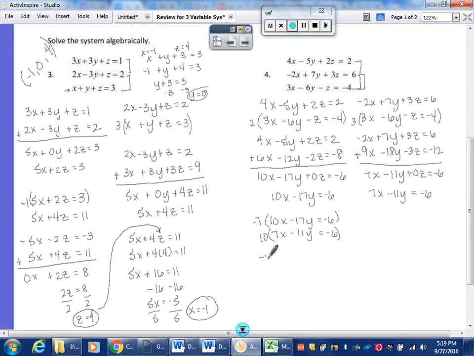So it's negative 70x plus, and that is 119y is equal to 42. And this is 70x minus 110y is equal to negative 60.